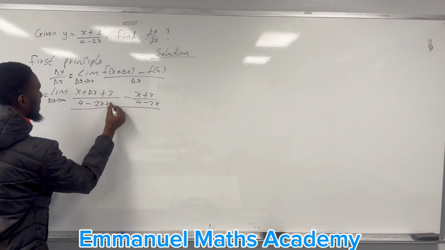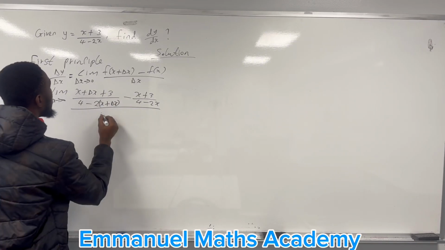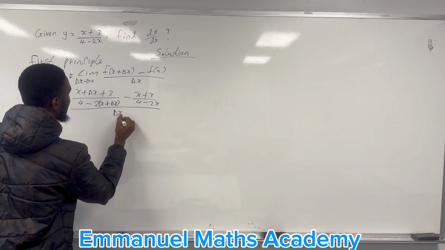So we have x plus delta x, over delta x.